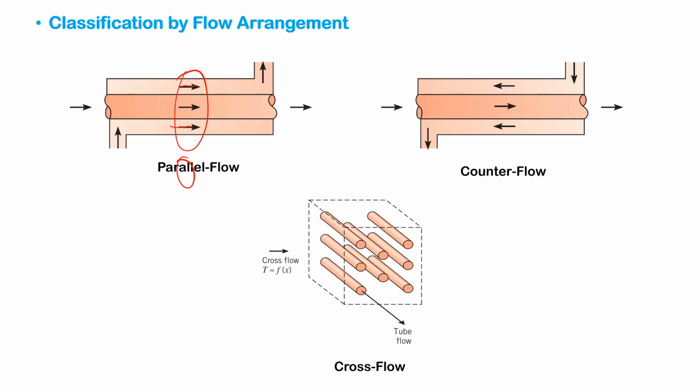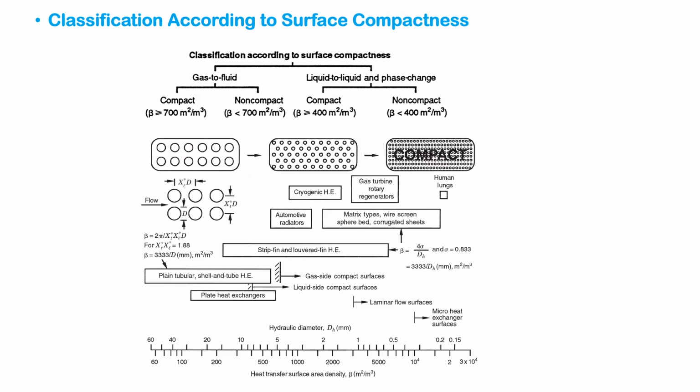You can have counterflow, so both fluids are flowing in opposite directions. Or you can have cross flow, so the flow is orthogonal: one fluid is, let's say, towards you, and another fluid is normal, orthogonal to the pipes. These are the most common flow geometries in heat exchangers.